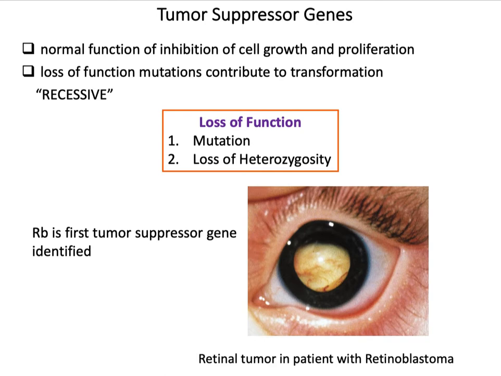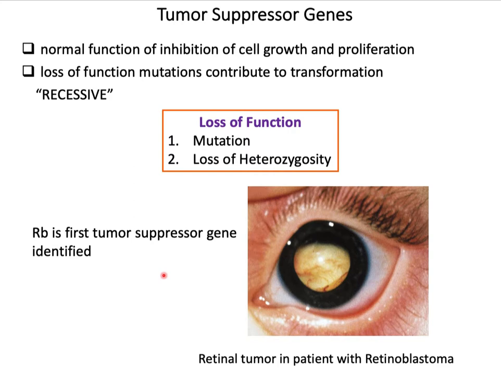There are two ways in which you can lose function of these tumor suppressor genes. One is by simple mutation. You may mutate the gene such that the gene product is no longer active, or you can have something known as loss of heterozygosity, which I'm going to explain in one moment. But I need to also mention that we already talked about one tumor suppressor gene whose product is the retinoblastoma protein.